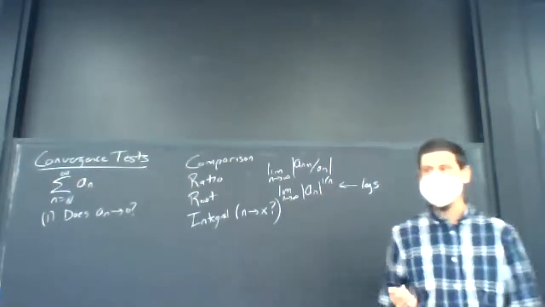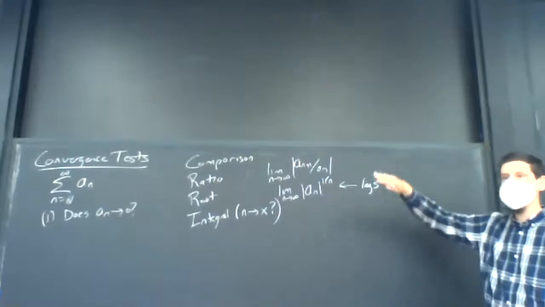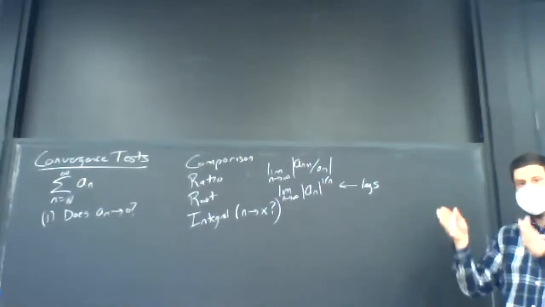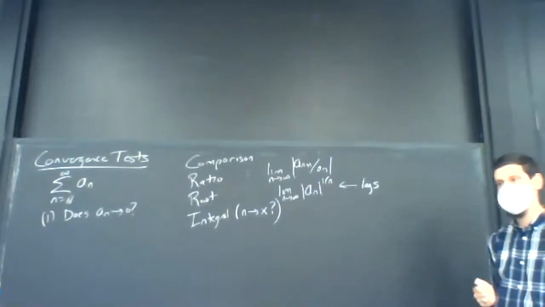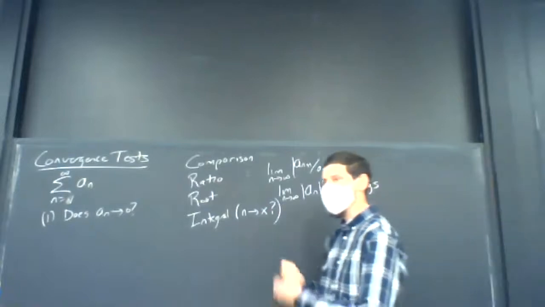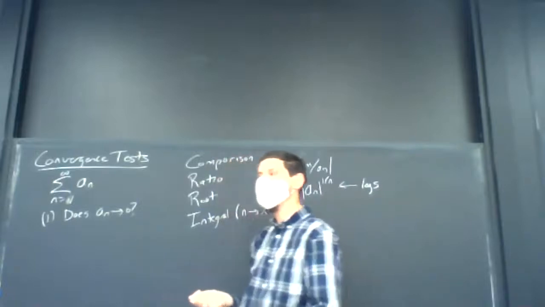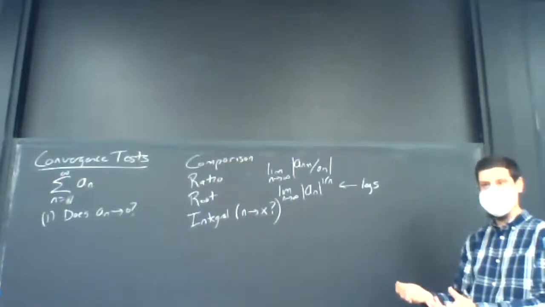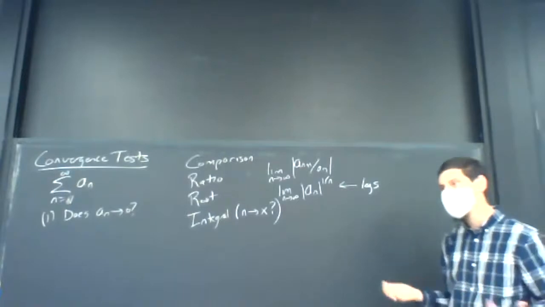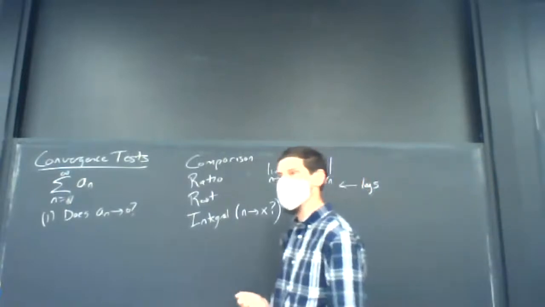What's nice is that the logarithm is an increasing function. So if you have two numbers that have a certain ordering, when you take their logarithm, the ordering is preserved. Rather than studying a certain quantity, it's often easier to study the logarithm of the quantity. If I know the logarithm converges to 5, then the sequence converges to e to the 5.